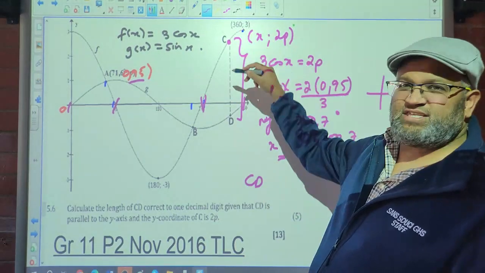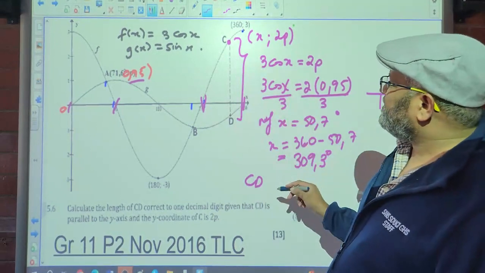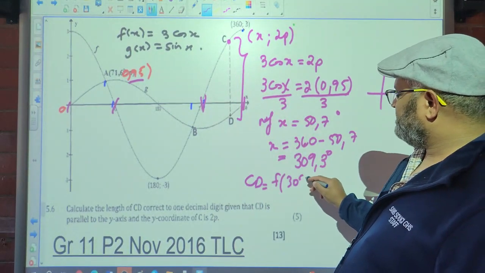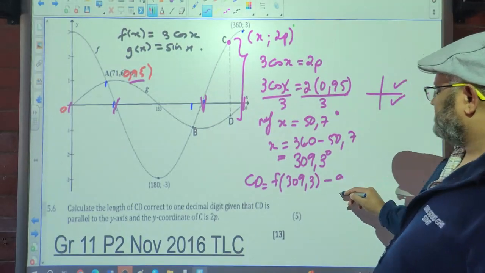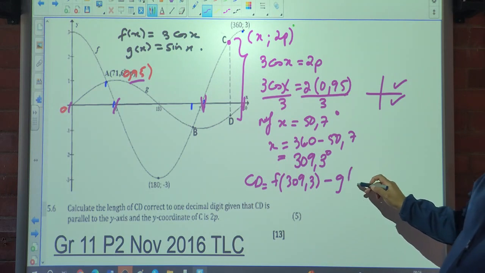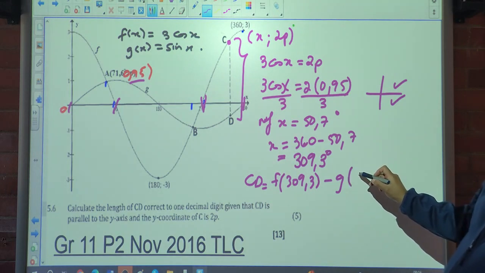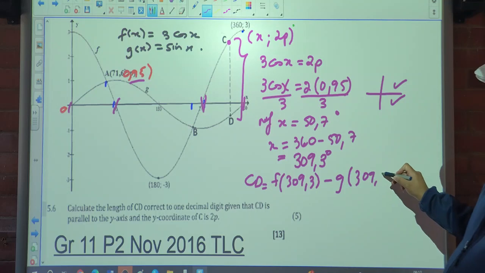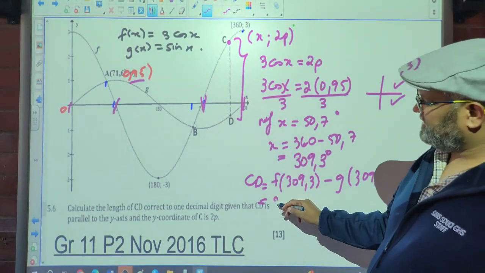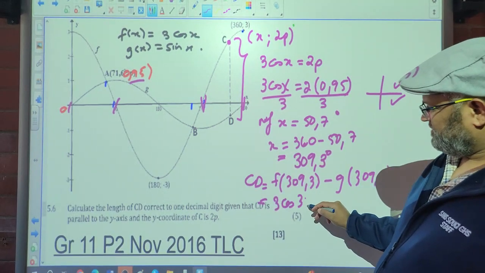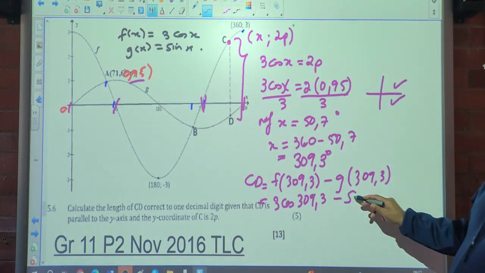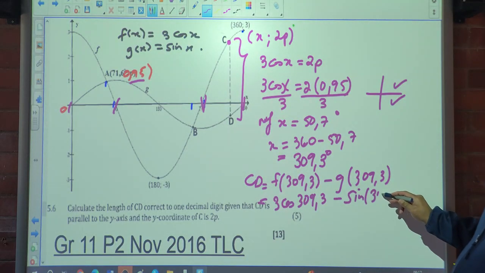So CD, to work a distance out between two graphs, I take the top graph, which is the f of x graph, so f of 309.3, minus the g of x graph, which is sine of x, which is 309.3. So we're going to say 3 cos 309.3 minus sine 309.3.